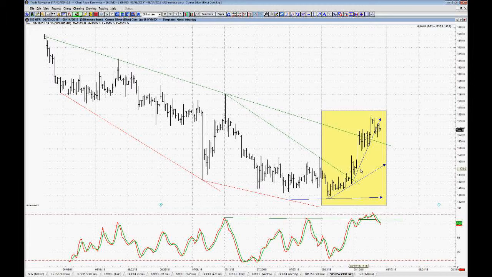The next thing we want to look for is on the correction that's coming down now in silver, which I'm going to draw in these blue arrows. Not only do we want to see a much higher low in price, but we want to see a higher low in stochastics.